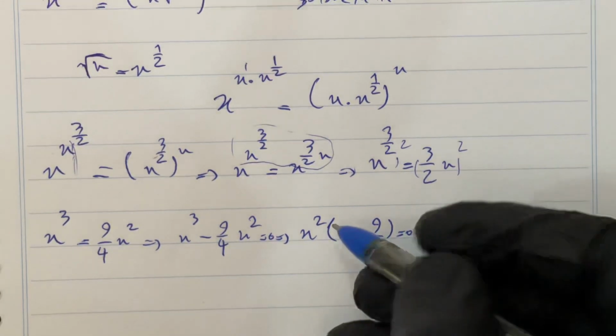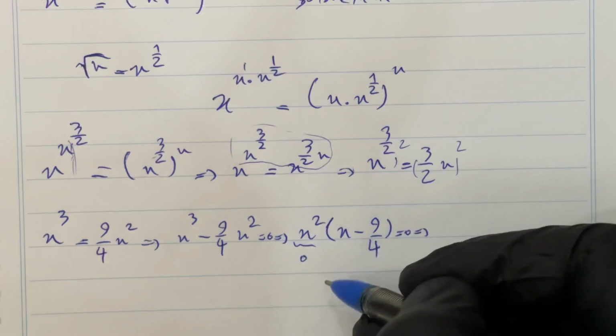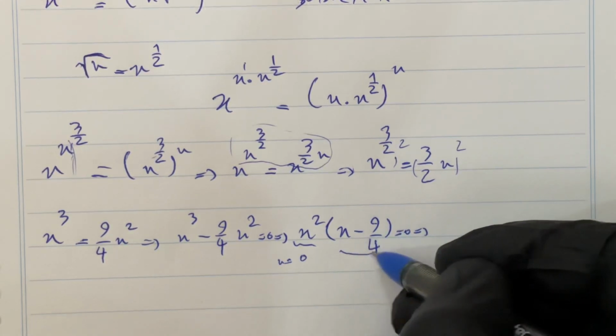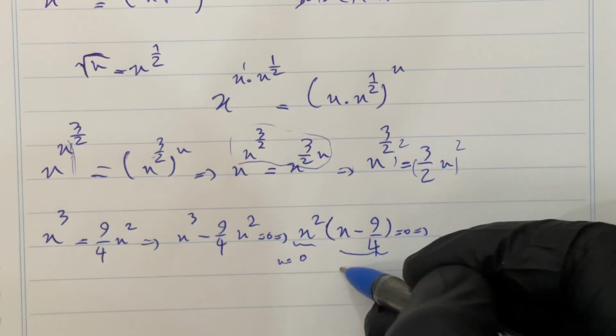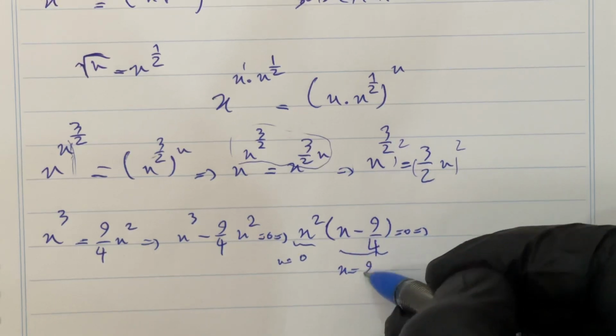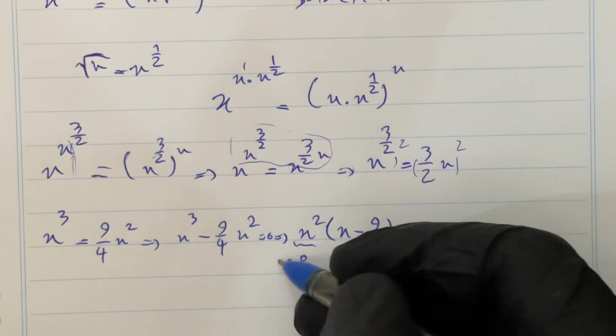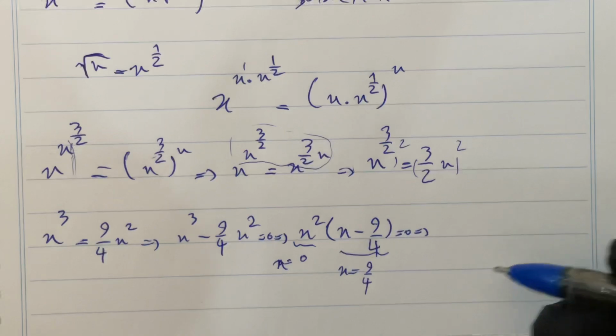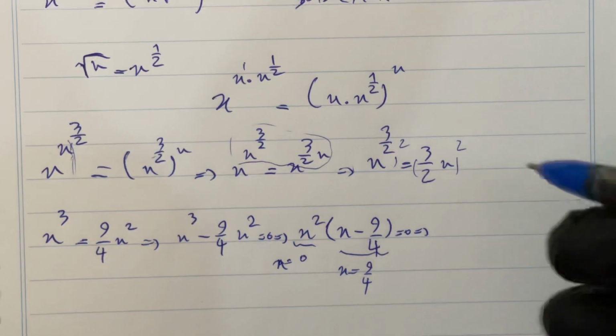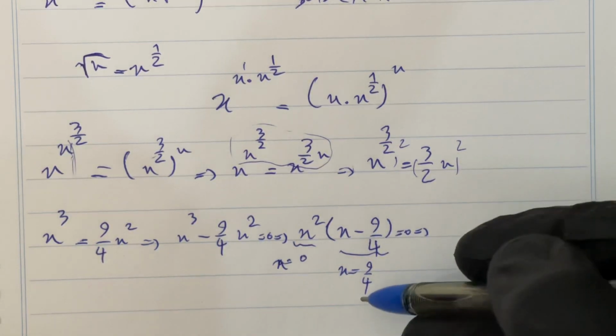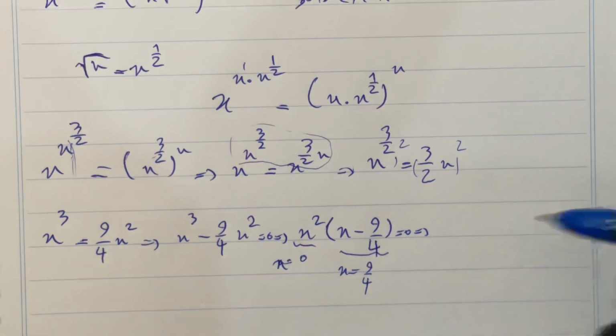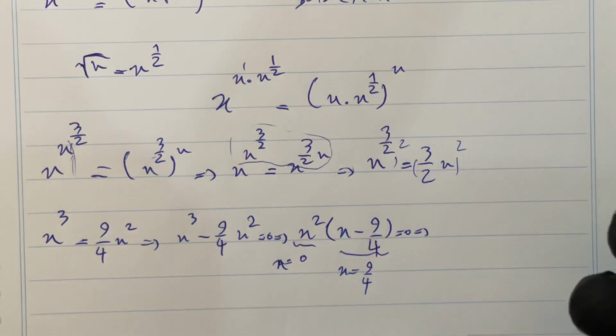To solve for that, either x should be 0 or this should be 0, which means x should be 9 over 4. So those are our two answers. But I always say, please check the answers, especially in cases where the answers are a bit abnormal.